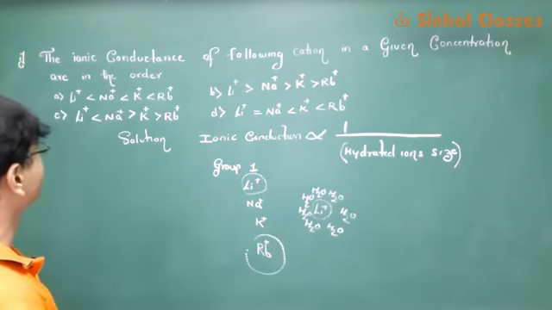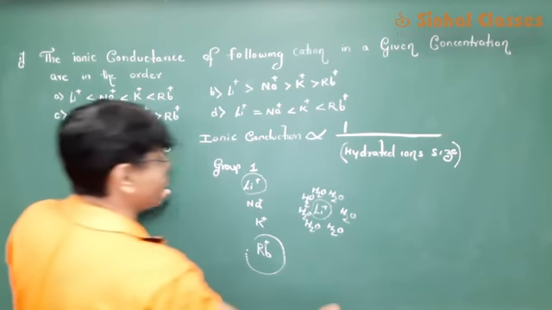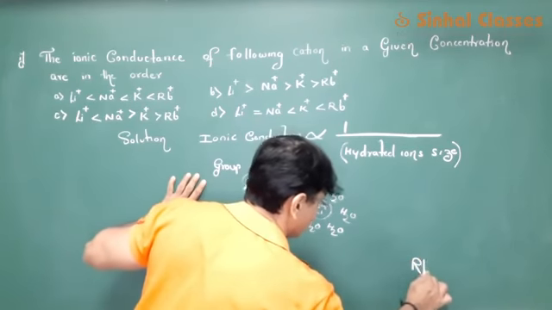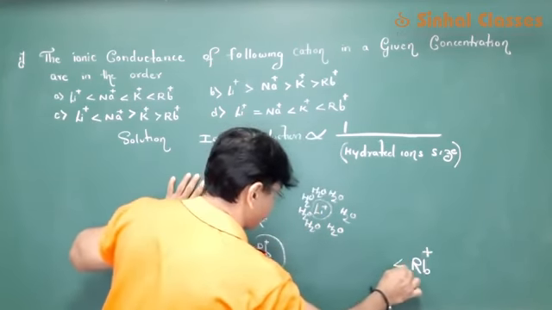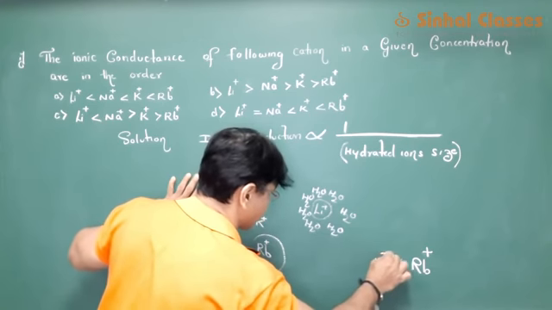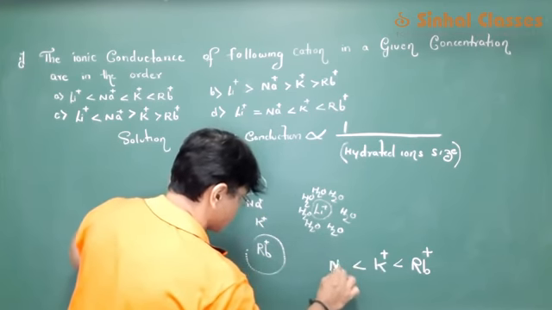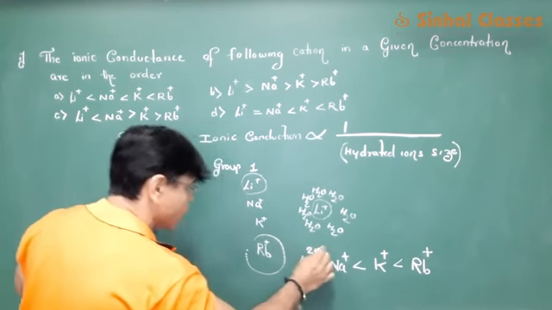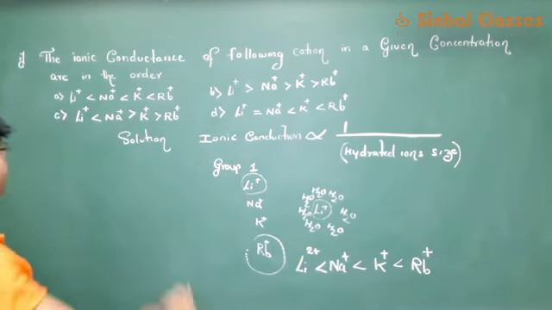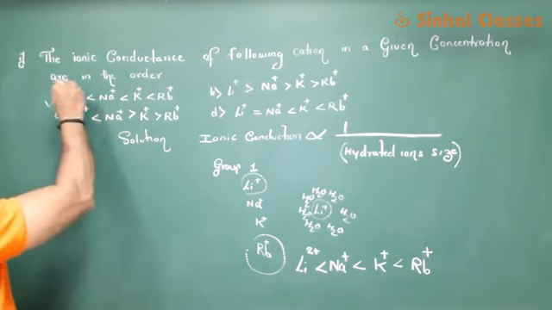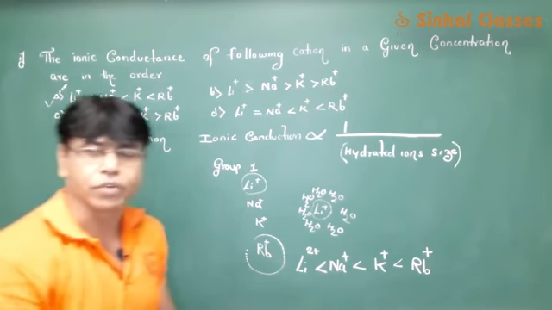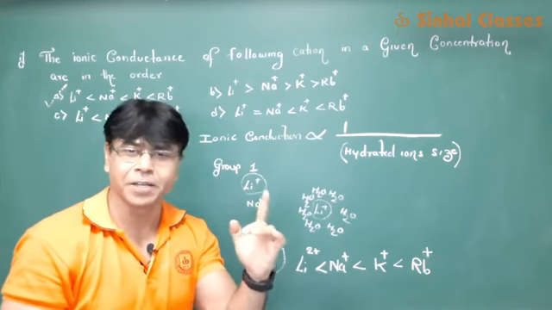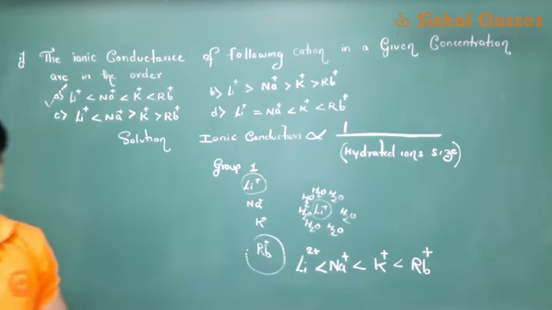So what should be the order for it? It should be rubidium ion first, followed by potassium, then sodium, and the least conduction will be lithium. So the answer for this question will be A. A is the correct answer for this question. Got it? Chalo, let's see the next question now.